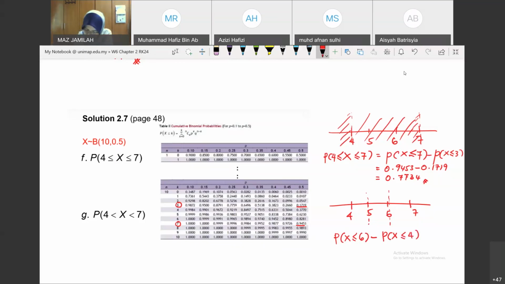Okay, so in this case, 6 would be 0.8281 minus 4, 0.3770. So what will be the answer here, class? 0.4511.